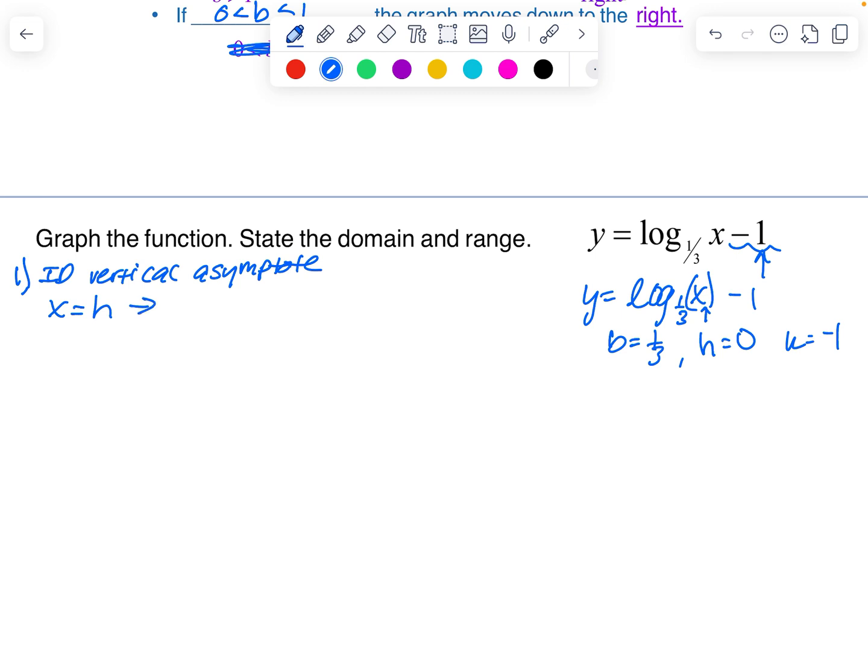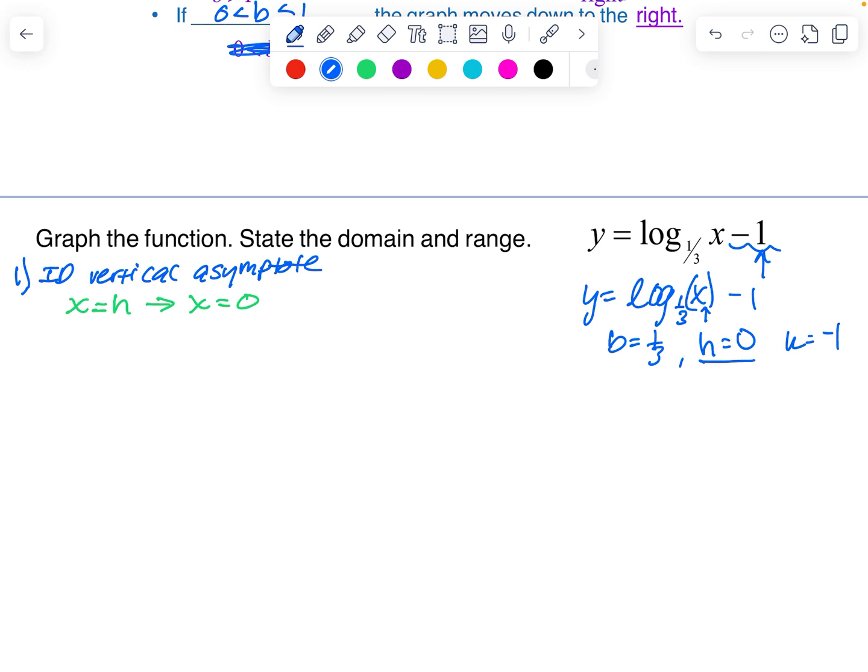For this problem, we said h is 0. My vertical asymptote is x equals 0, which we'll draw when we get to our graph.